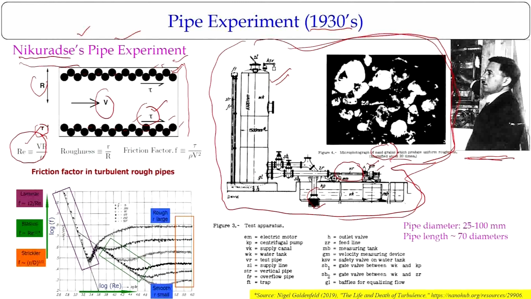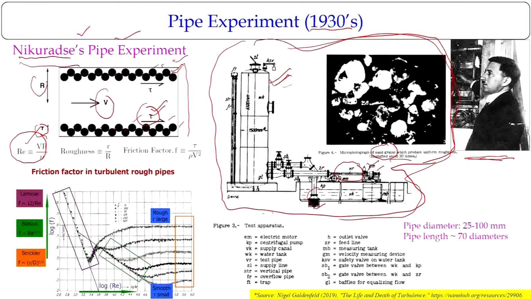If you look at the dimensions of the water tank, it is 6.5 meters tall and 1.5 meters in diameter. So you can see how precisely the experiments were conducted to quantify the energy losses, the velocity distributions, and the relationship of velocity distributions with wall shear stress.